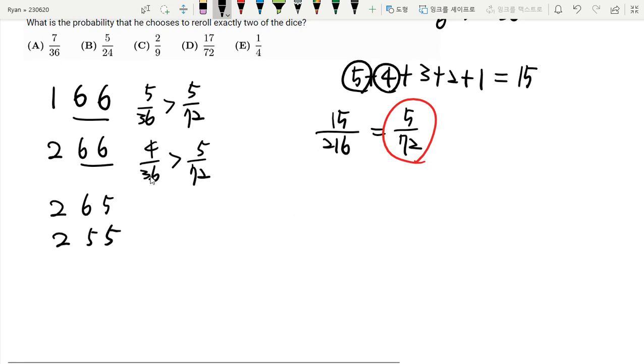And if the first number is 3, like this, now he will throw these 2 dice to make the sum of 4, and making a sum of 4 out of 2 dice is 3 over 36.